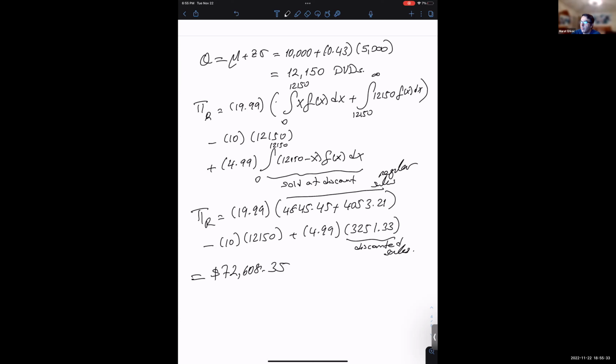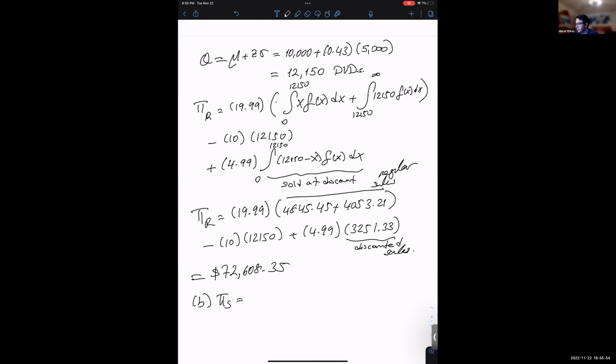So we can look at part B now. What does part B say? Part B says, what is the profit that the studio makes given Videos R Us's action? Okay, the movie studio, right? So that will be pi s.